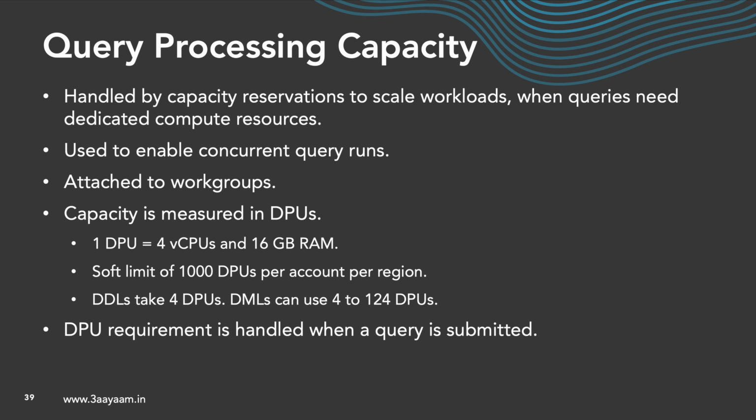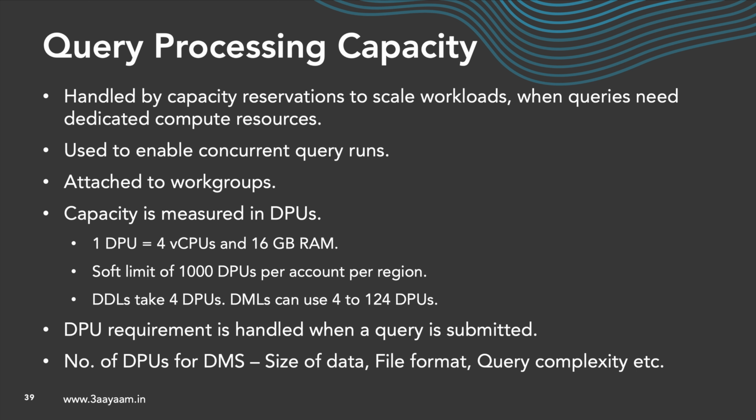The moment we submit the query, as it goes through multiple phases, does query parsing, creates an explain output or access plan, etc., and then it is executed. During that process, the requirement is calculated by Athena, and then that amount of DPU is given to a particular query. And the number of DPUs for DMLs depends on the size of data, file format, query complexity, etc.